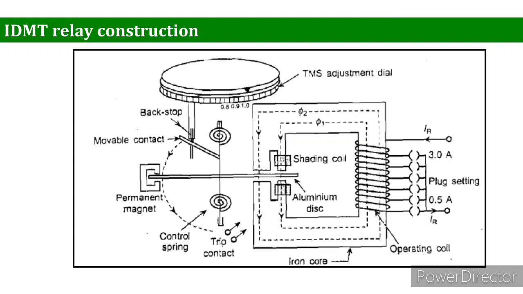The control torque can be considered to be directly proportional to the angle through which the backstop has been retarded from the trip position. The role of the permanent magnet is that it provides the damping torque, which is active only when the disk is in motion and is thus proportional to the rate of change of angle. Students, the complete description and construction details are mentioned in the handouts also. You can refer to them from there.